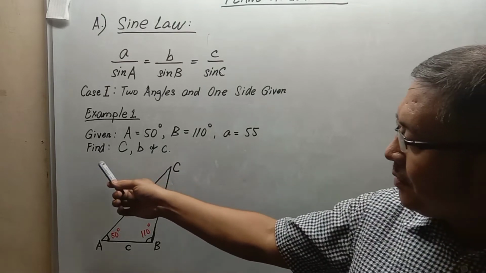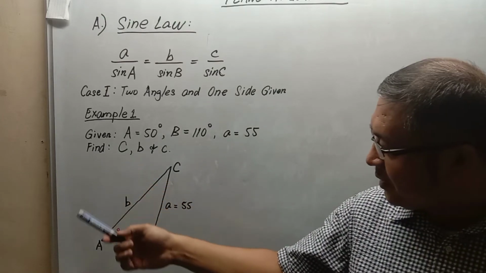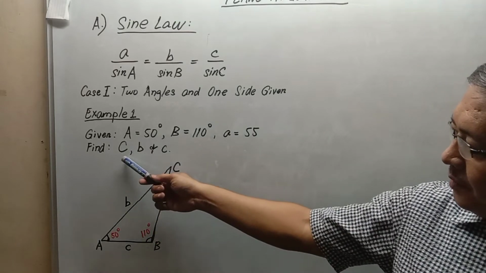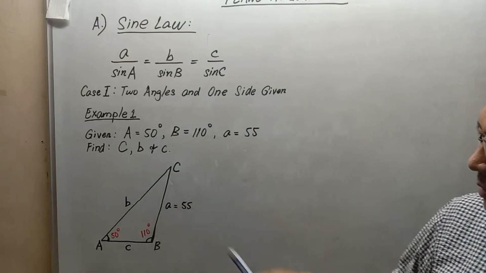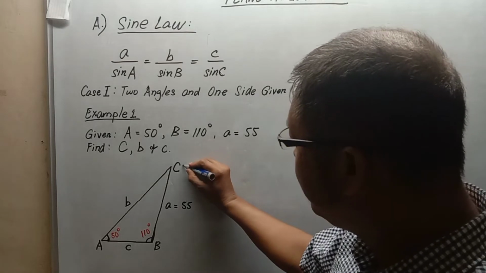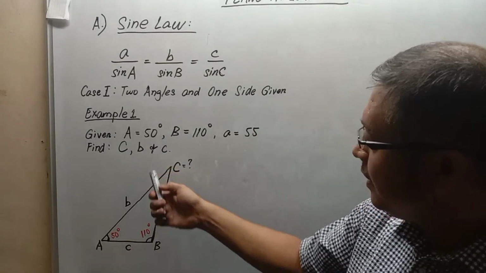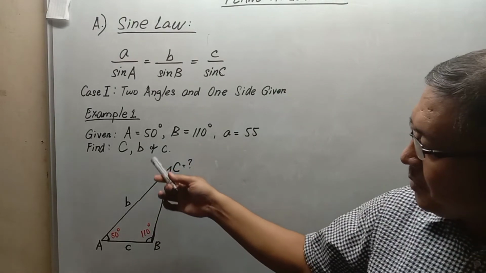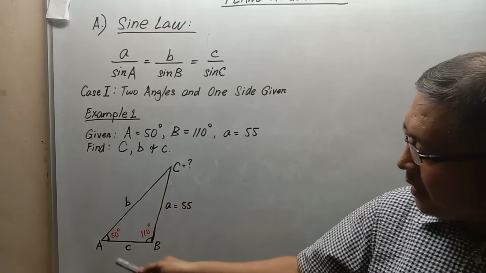Now find the third angle, angle C, and the 2 remaining sides, B and C.